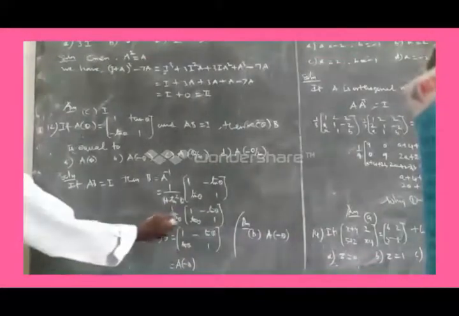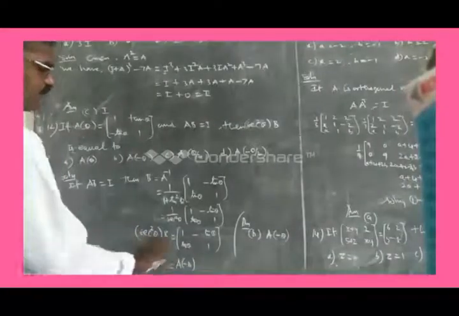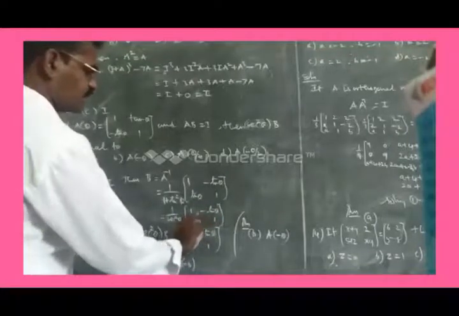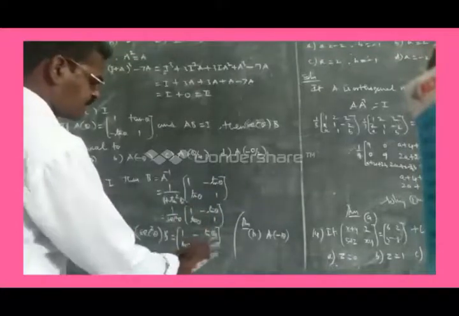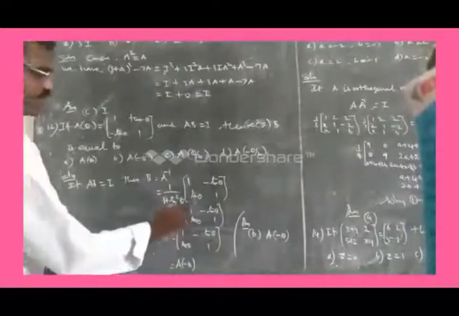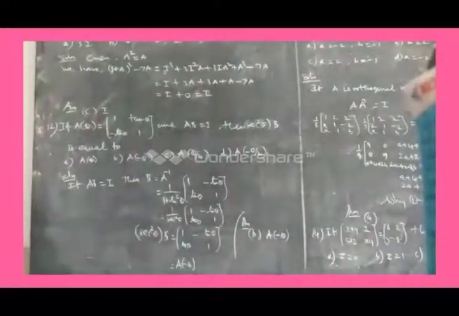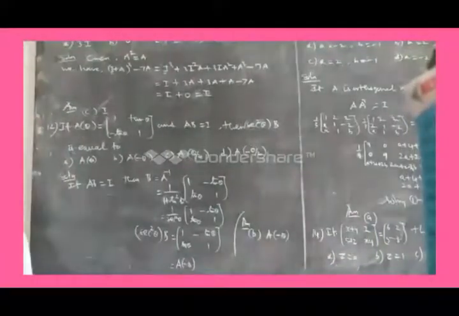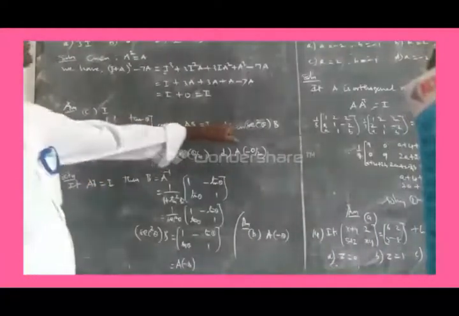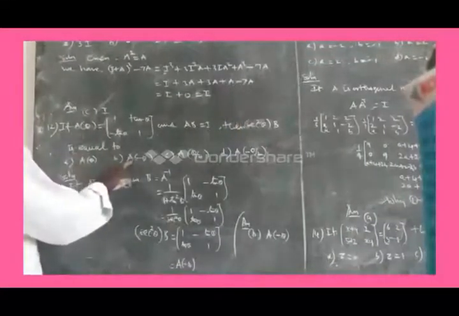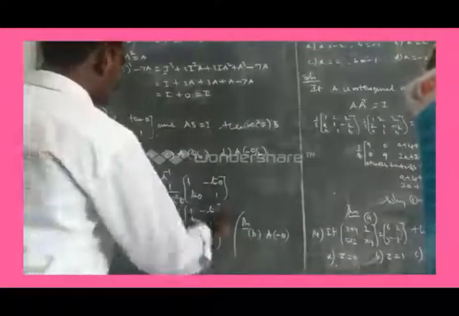So secant square theta going to the left side, secant square theta B equal to 1 minus tan theta, tan theta 1. So this matrix is A of minus theta. So secant square theta into B is equal to A of minus theta. So option B is correct.